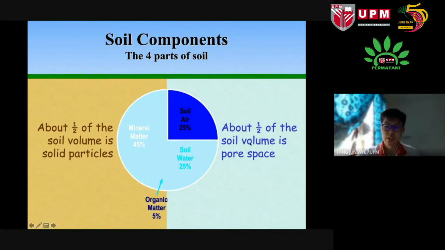If you look into detail, the soil has several tiny pore spaces to obtain air, in order to help the plant get air and water to grow much better. Therefore, soil also contains water, which is 25%, and organic matter about 5%.